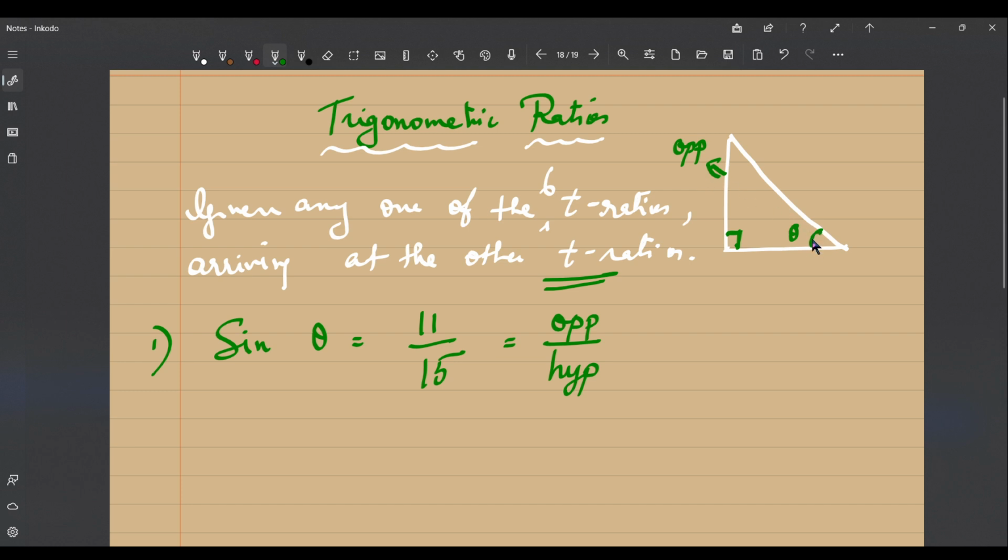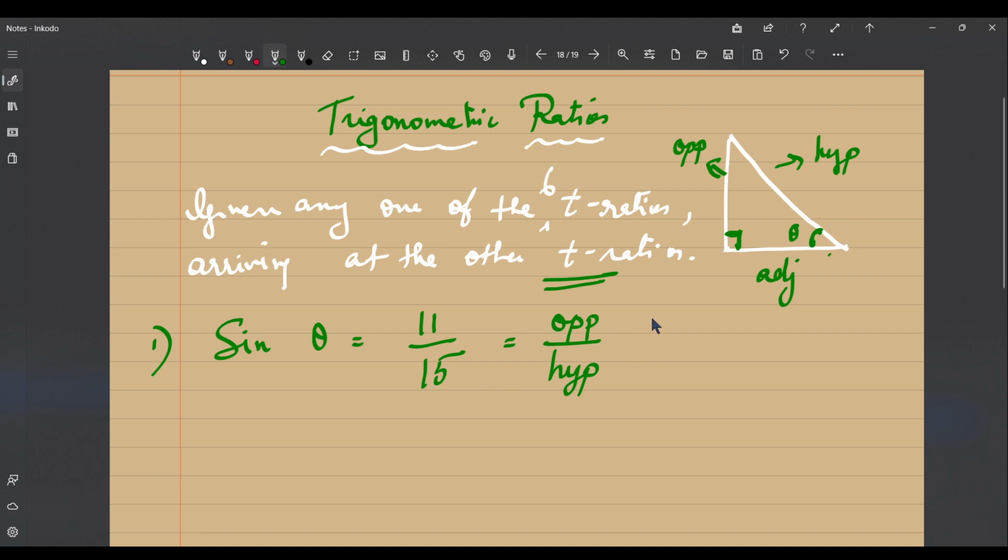This side which is close to theta is the adjacent side, and the hypotenuse is always the longest side in any right angle triangle, the side which lies across the largest angle.